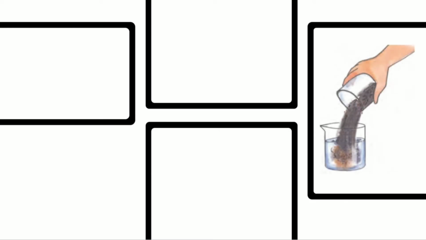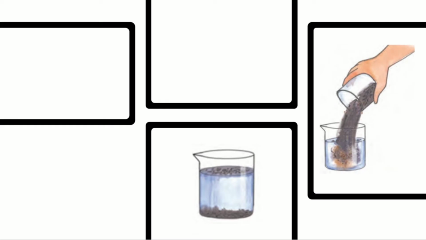Let us see that. First, you take water in a glass and pour mud in it and keep it for around 4 to 5 hours. After that, you can see that the mud has settled down and there are some particles which are floating on top. Okay, it has settled down completely.